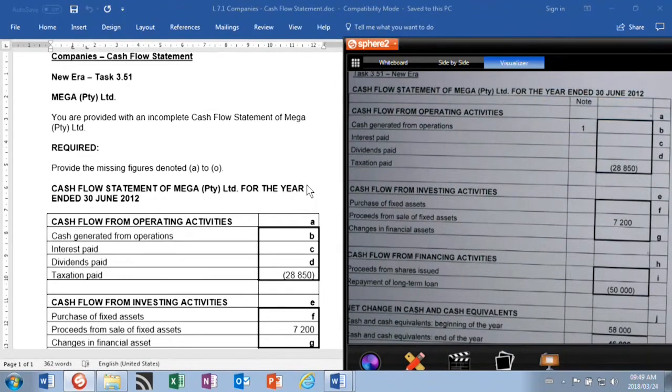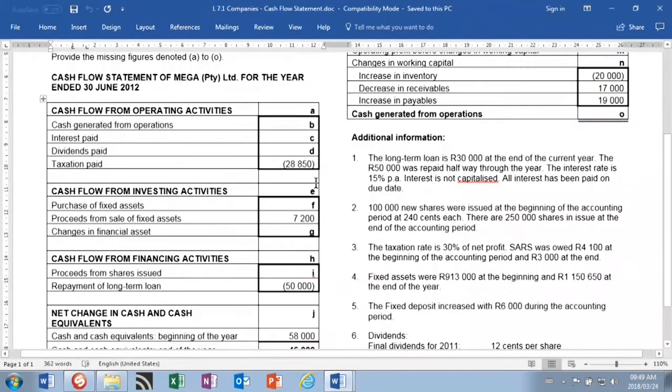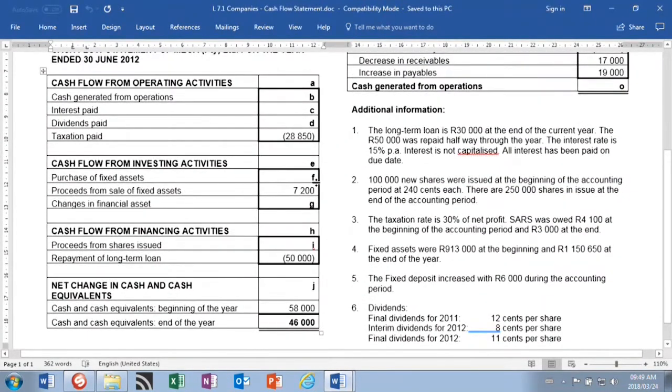There's only a few information, the rest we must do ourselves, and I'm going to go to the information because you can see there everything is on the answering sheet as well. So they gave us the taxation that was paid, they gave us the proceeds from sale of fixed assets, they gave us the repayment of the long-term loan, and then the cash and the cash equivalents beginning and end of the year.